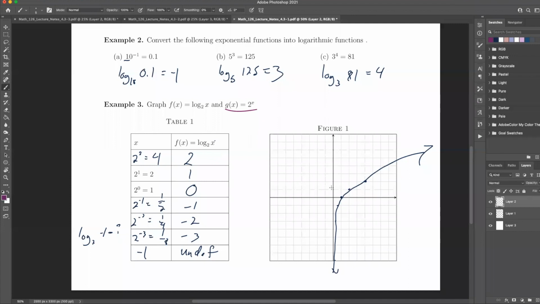And then here, just for fun, I'm going to graph 2 to the x. We already know how to do that. That's here, here, and then here. And notice, let me use this really light color here.